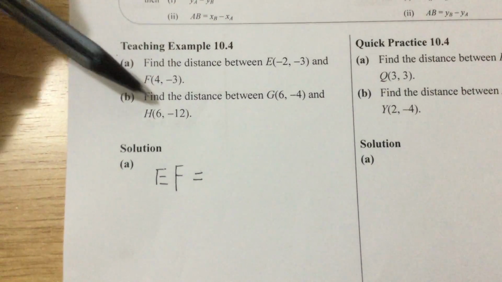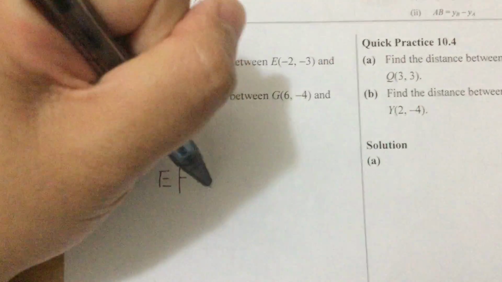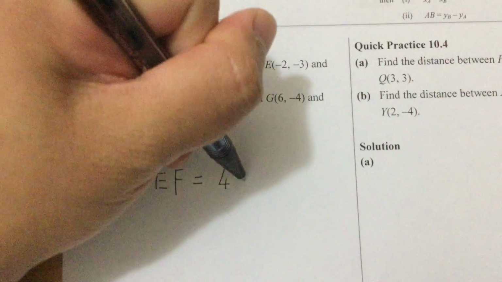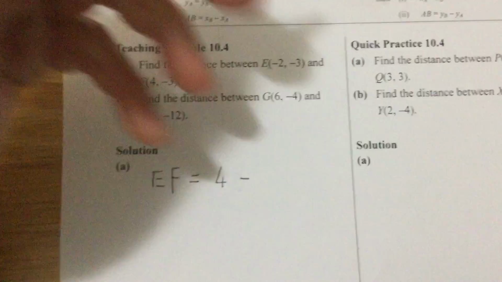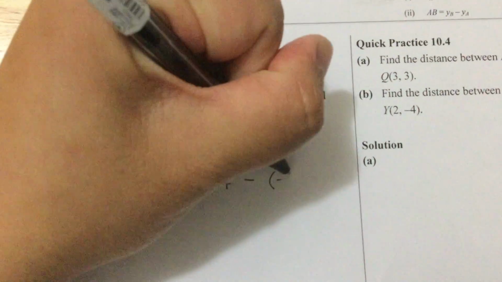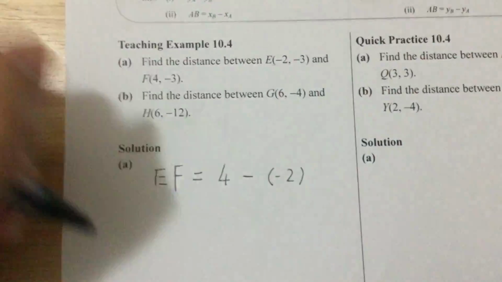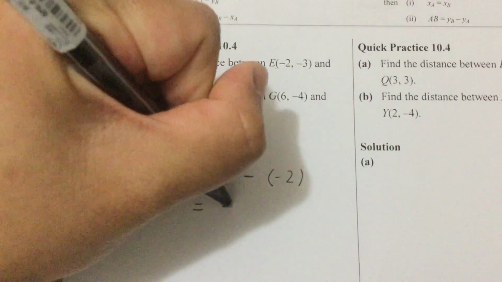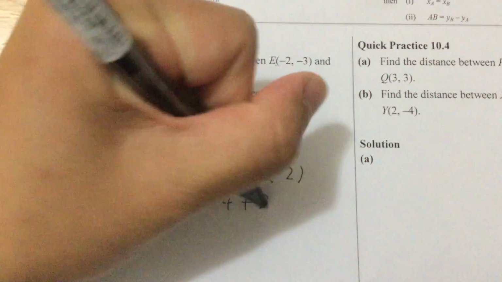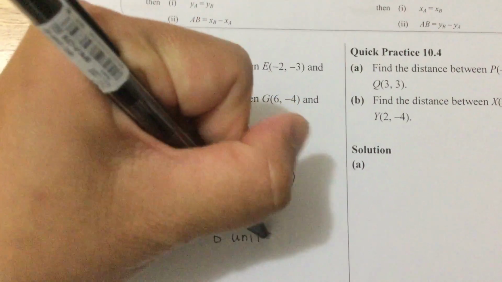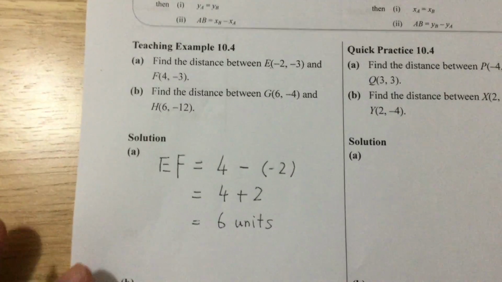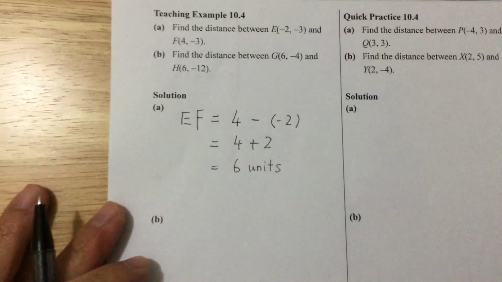The bigger one is 4, so you got 4 minus the smaller one. The smaller one this time is -2, so you minus -2. So once again, this is 4 plus 2, you got 6 units. So this is EF. Okay, now we go to part B.